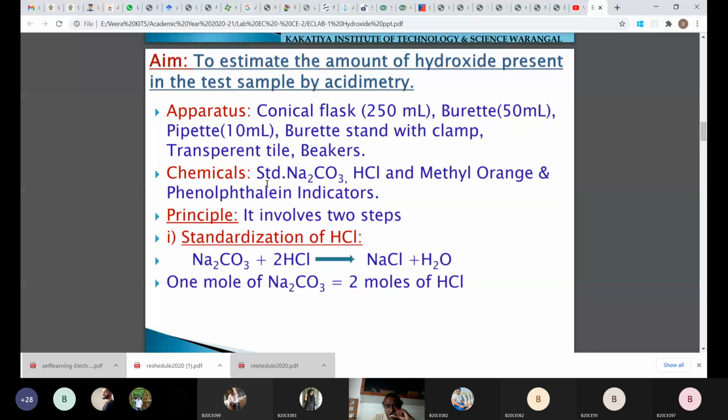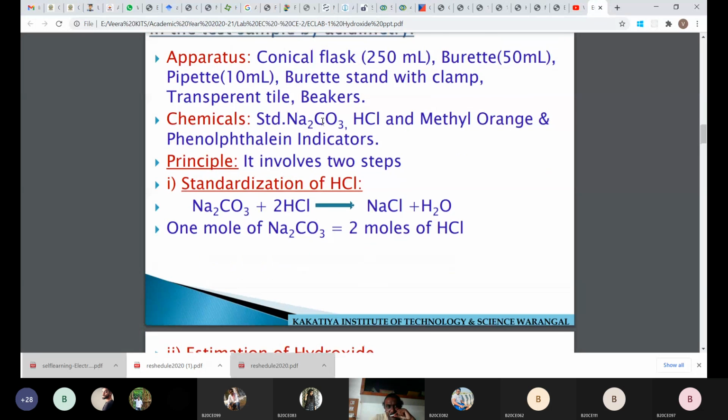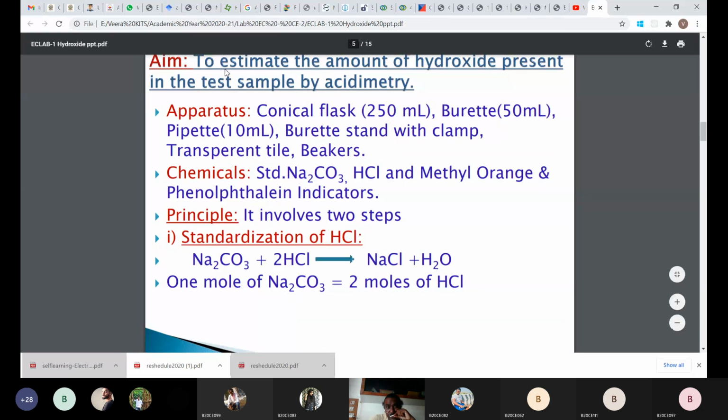So the experiment involves two steps. See, the objective of the experiment is to determine the hydroxide present in the test solution. Okay, so for this experiment it requires two steps. So one is, you need to have the HCl, hydrochloric acid.